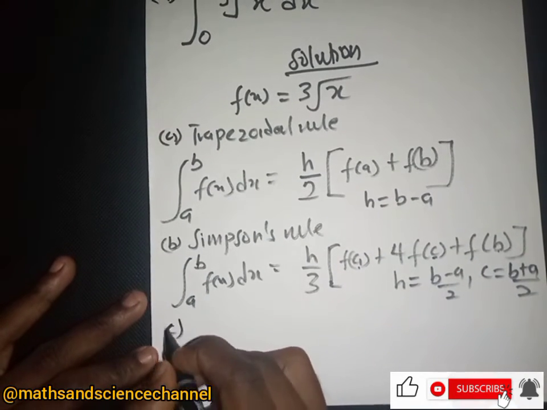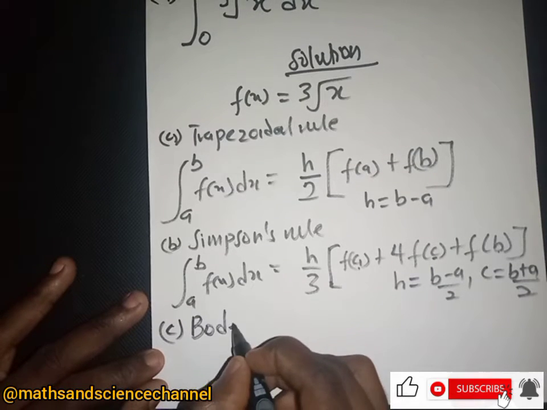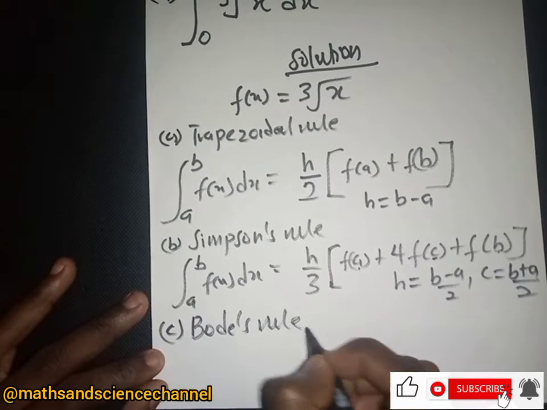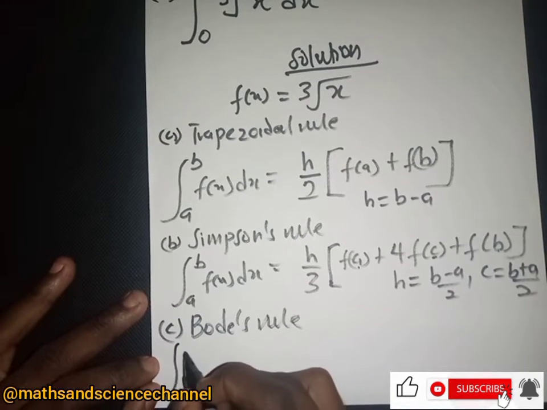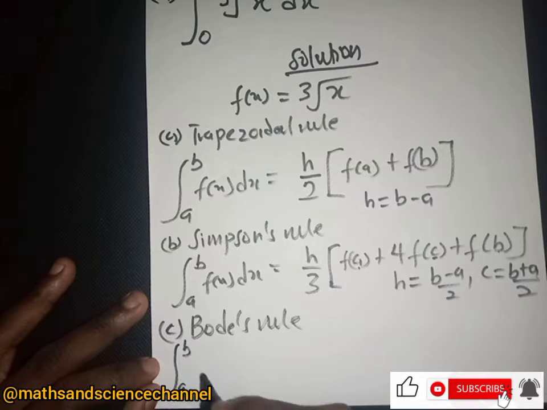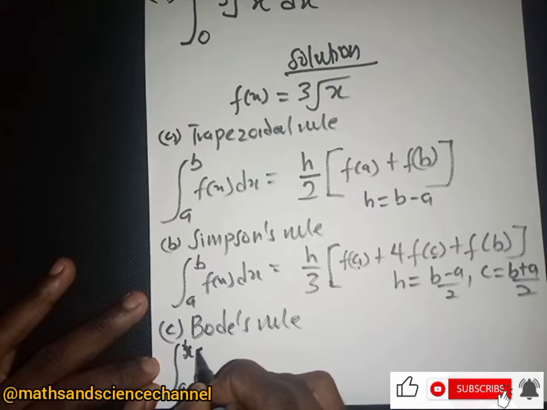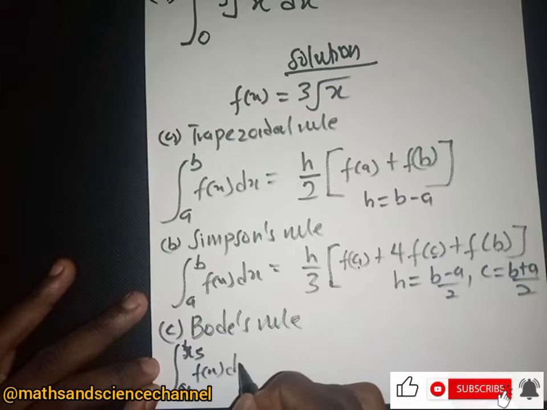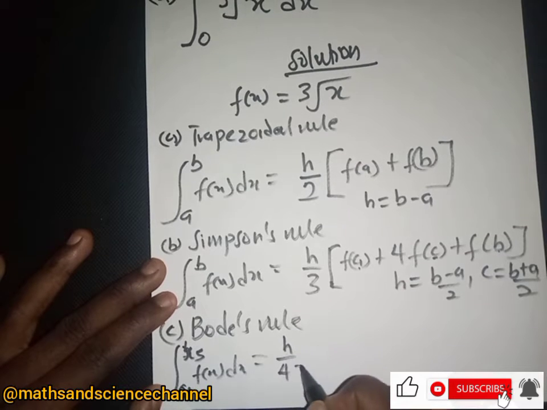Then we have the Bode rule, which is given by the integral from a to b of f of x dx, where over here let's call the endpoints x1 and x5. The dx will be equal to h over 45.